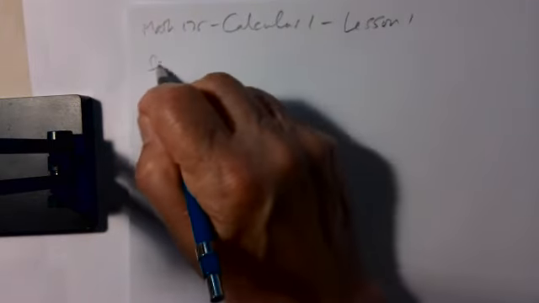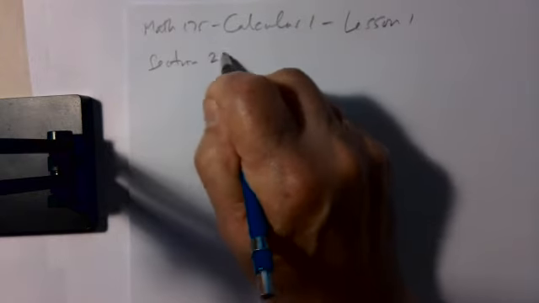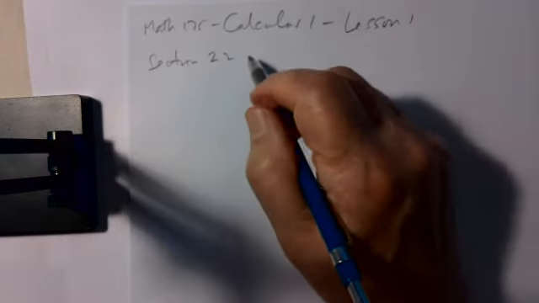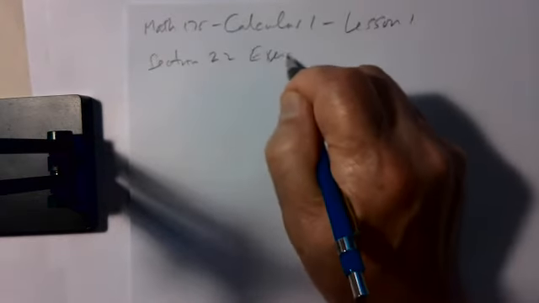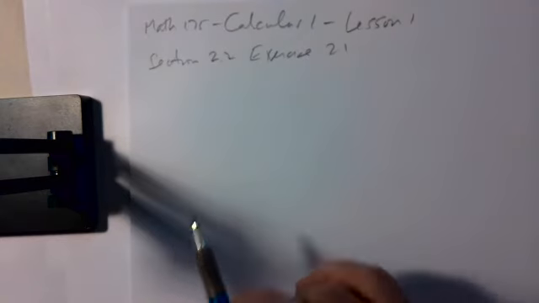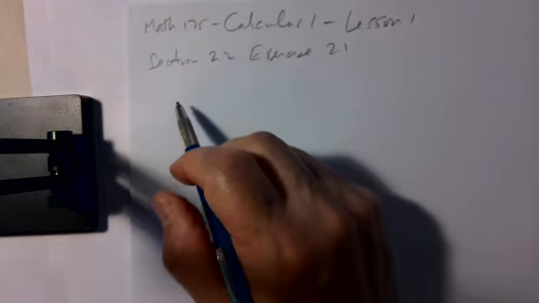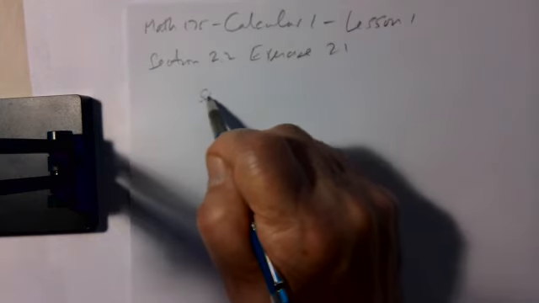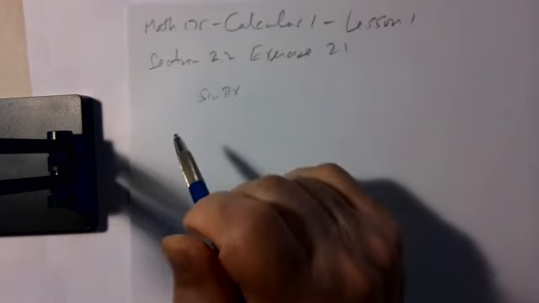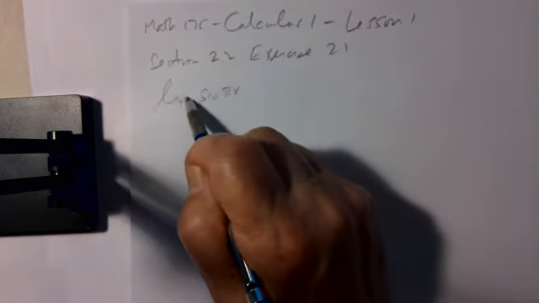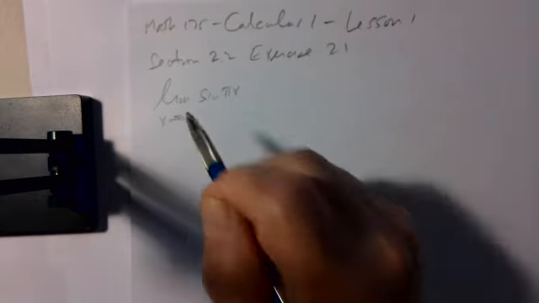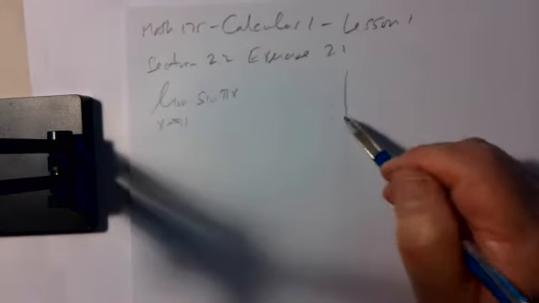Okay, so this is section 2.2, exercise 21, and you have the function sine of pi x, and the question is, what is the limit as x goes to 1 of the sine of pi x?